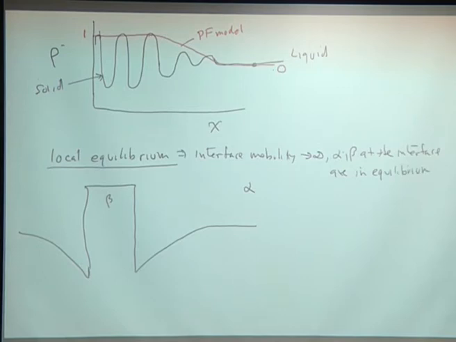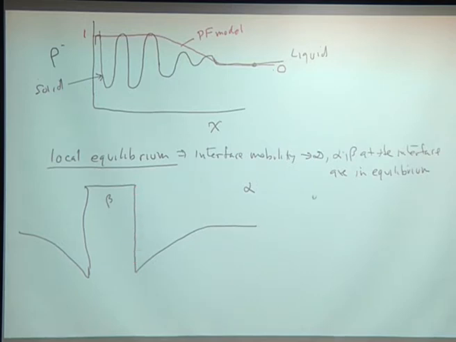So what I mean by that is that if you take an atom in alpha, it jumps over into beta, and that gets beta to grow. But what local equilibrium says is that the growth rate of beta is so slow compared to how fast the atoms are bouncing back and forth across the interface that the chemical potentials of the atoms at this interface are essentially equal.